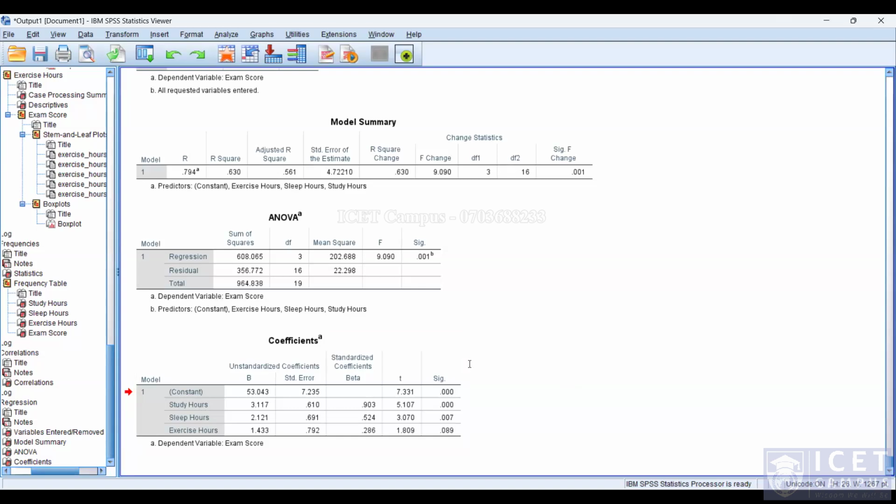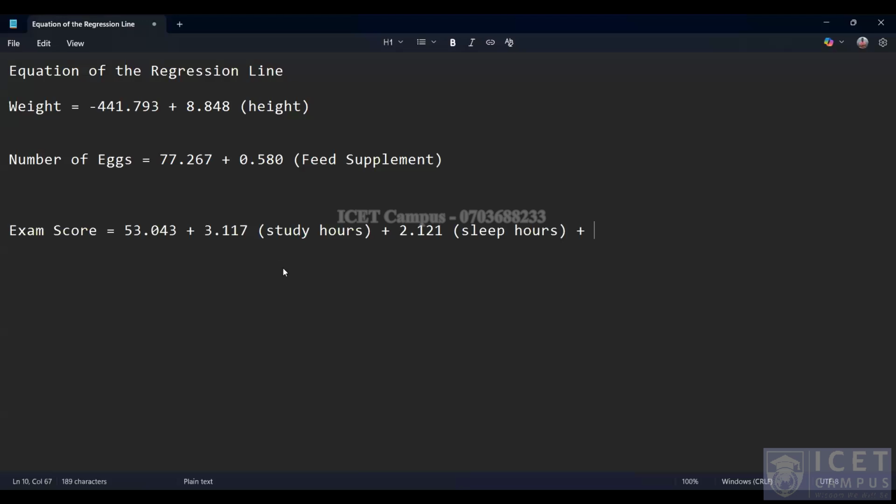Okay, then 2.121 times sleep hours. And finally, I don't know whether this is correct.